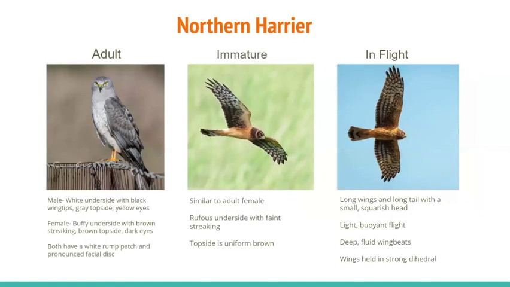So for the adults, again, we do see a difference between the adult male and the adult female. The male has this very stark white underside with black wingtips and this steely gray topside. They also have bright yellow eyes. The female, on the other hand, is a bit more drab. She has more of a buffy underside with this very dense brown streaking, kind of overall uniform brown topside, and very dark eyes.